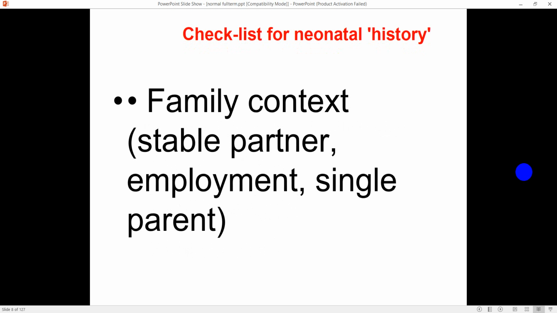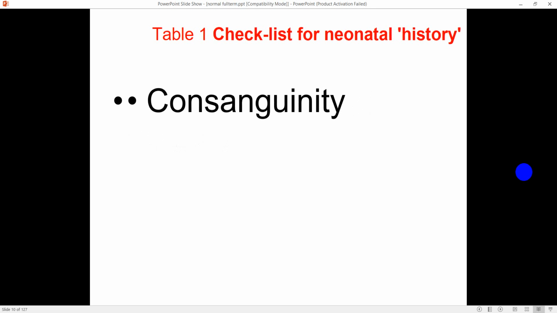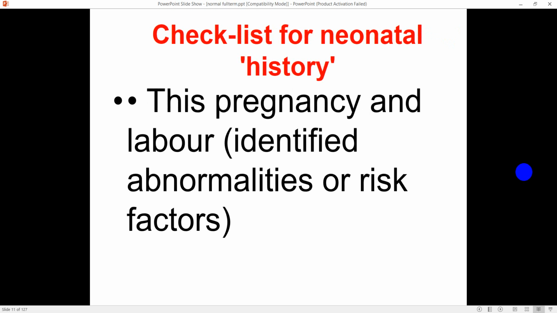And also we need to know about family context, whether the partner is stable, what about employment of both parents, whether there is single parent or both parents. And also we need to know about family history of certain diseases. If both parents are relative or not, this is an important subject.